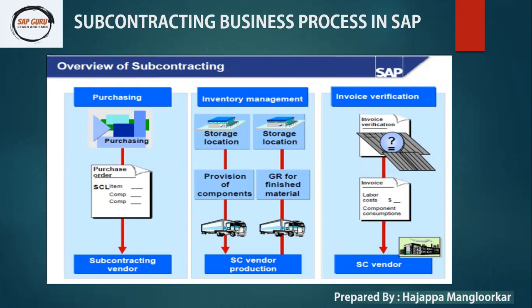Semi-finished means we use it as a material for assembly, as Srinivas said, for an engine part. We will assemble the part with whatever final product we got from the vendor. Finally, we pay the subcontract vendor whatever labor cost has been incurred.